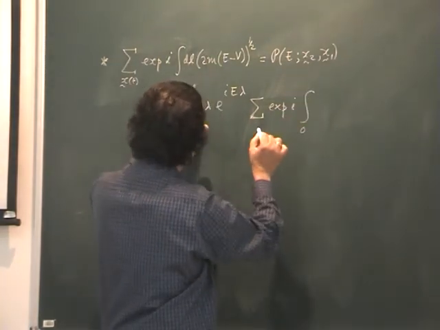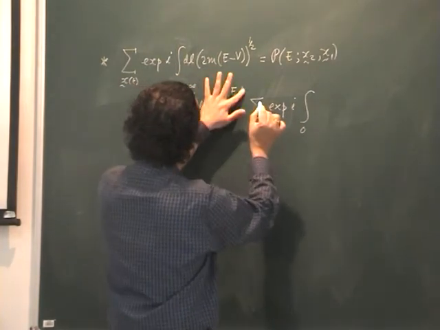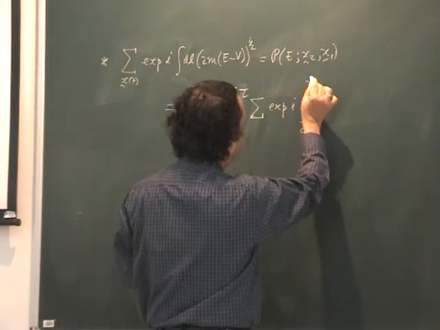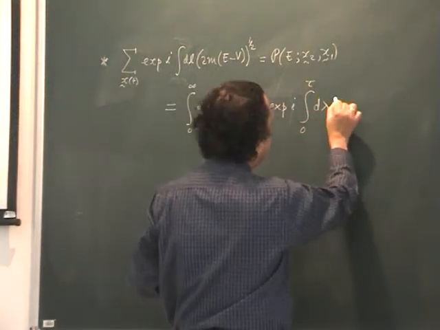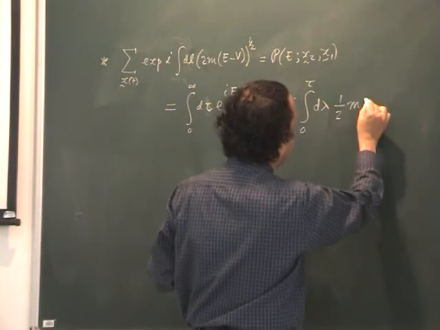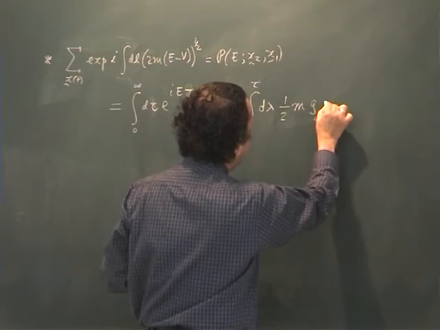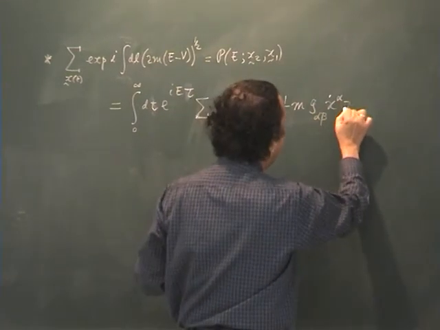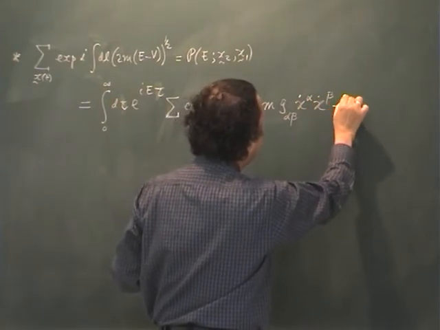Let me call this tau, just to be consistent with future notation. Tau, 0 to tau d lambda of the quadratic path integral, which is half m g alpha beta x alpha dot x beta dot minus V.